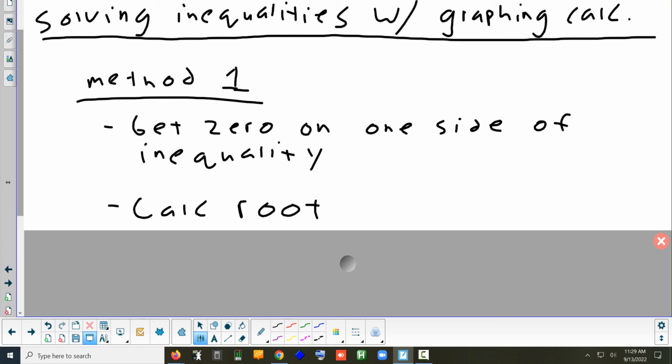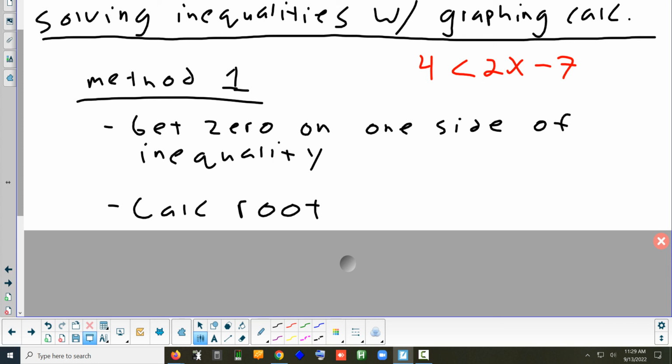For example, if you were solving 3 is less than 2x minus 8. Let's do it like this. Something like that. If you wanted to solve that linear inequality, yeah, you could just add 8, divide by 2, and be done.